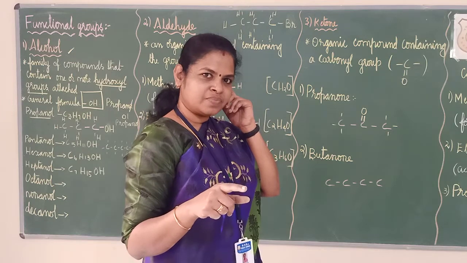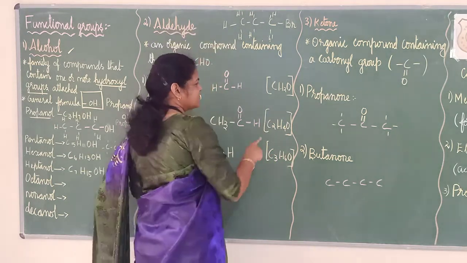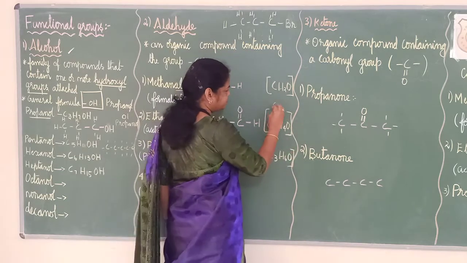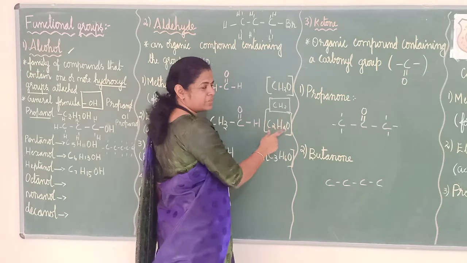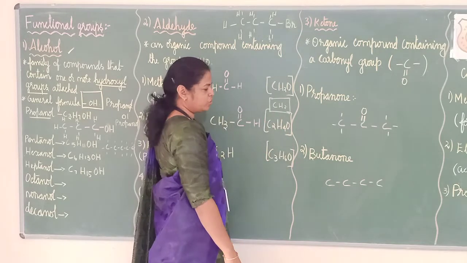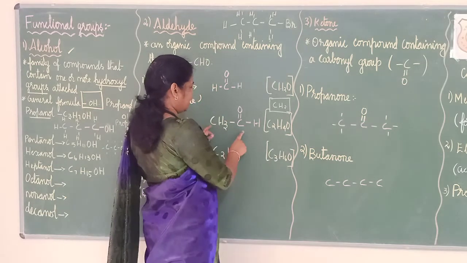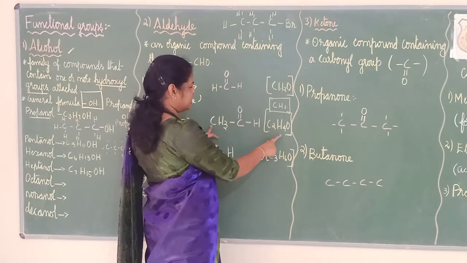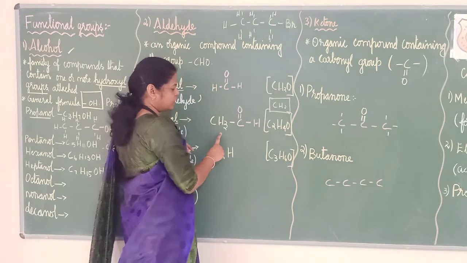In this, CH2 is the difference. So, keeping this in mind, automatically you can write the formula for all. C2H4O. So, 2 carbons I will put. H how many? 4. Here if it is 1, definitely 3 should come this side.